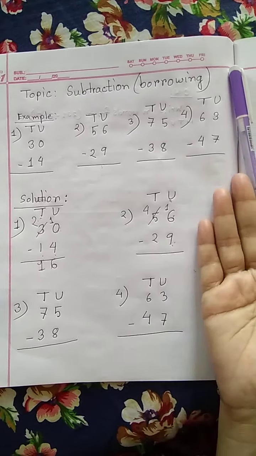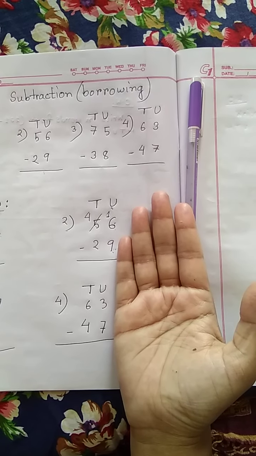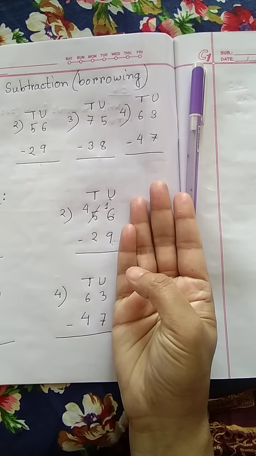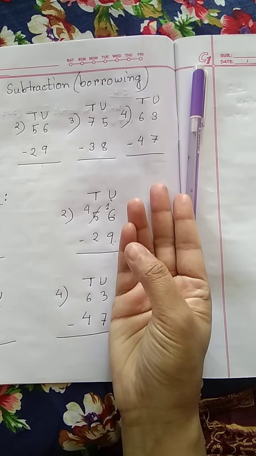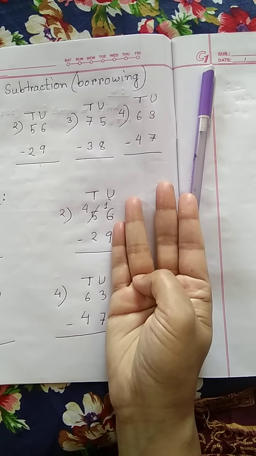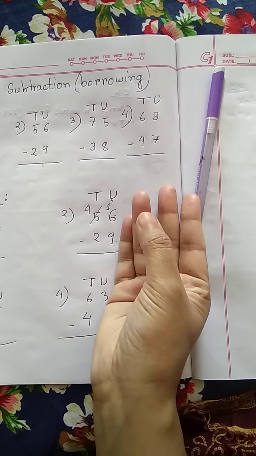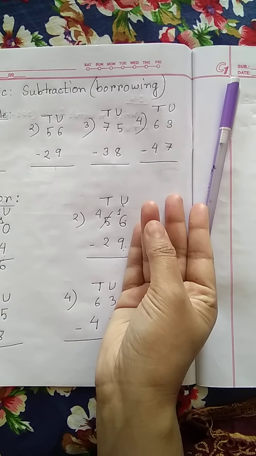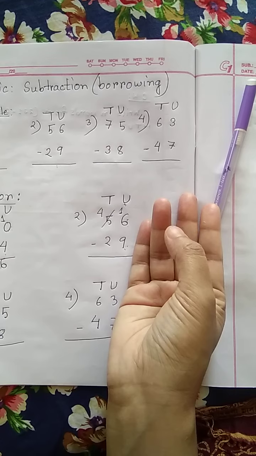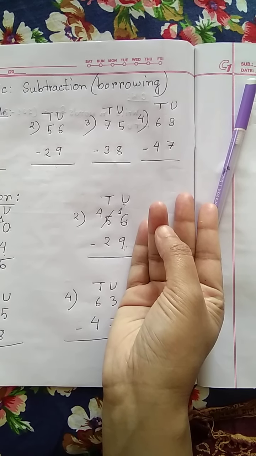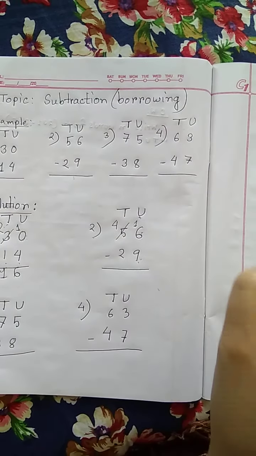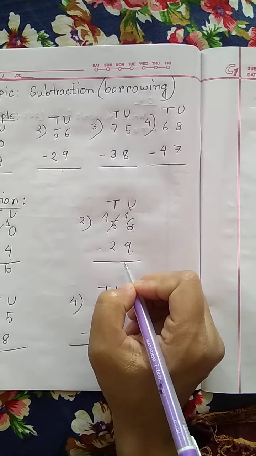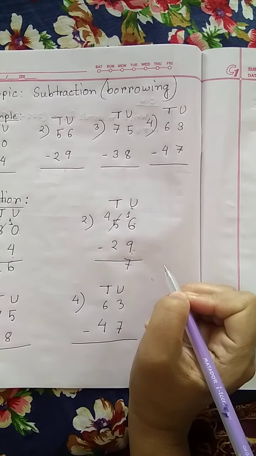Okay, let's subtract it. 9, 10, 11, 12, 13, 14, 15, 16. Stop. Where have I stopped my counting? On number 7, right? So here the answer will be 7.